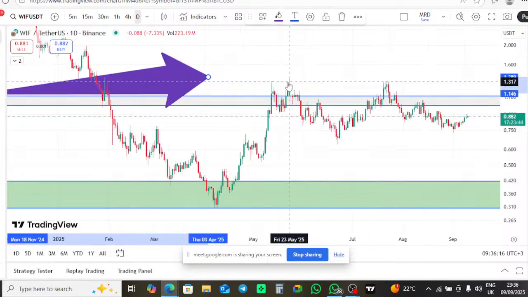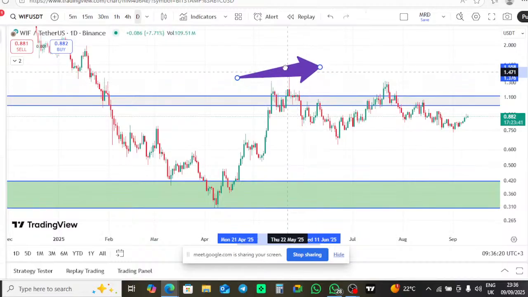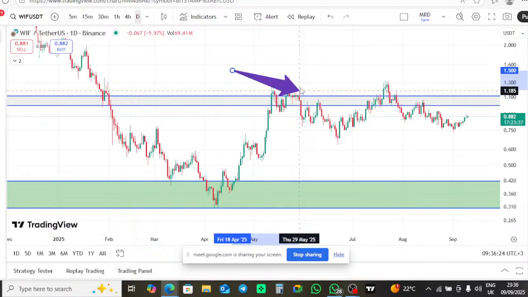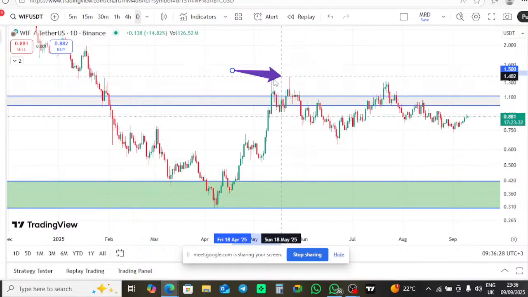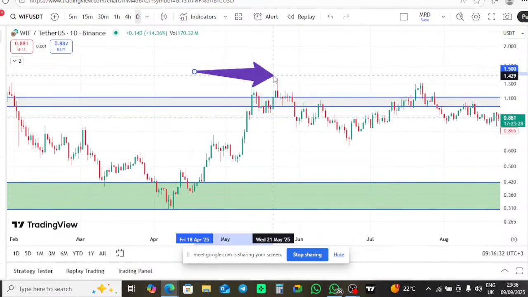That means at this point here, after seeing this pin bar, can we be able to identify it? It is there in red here.